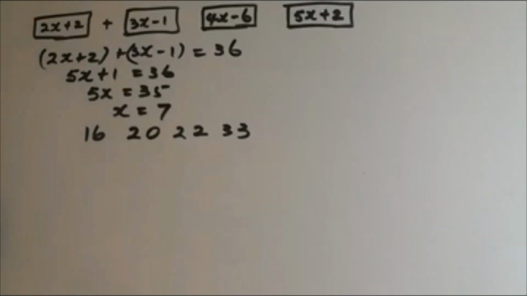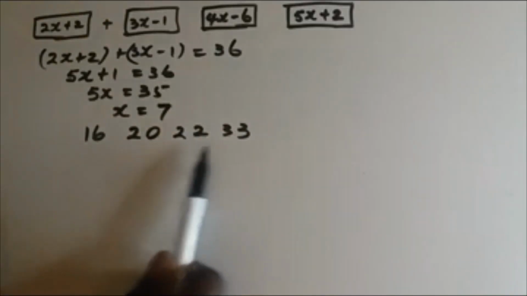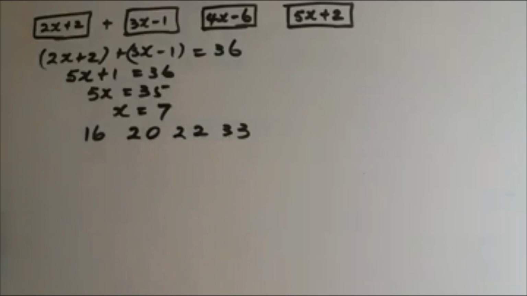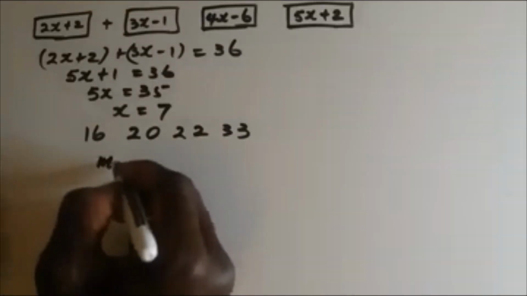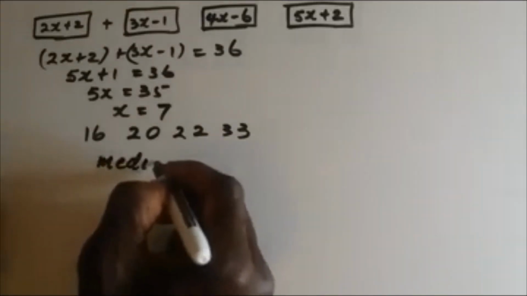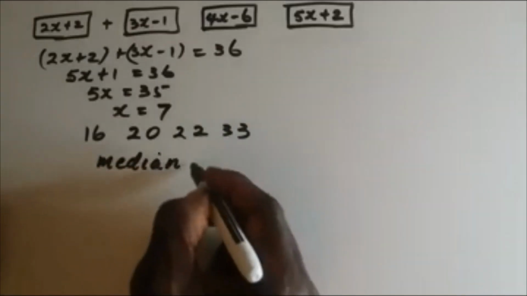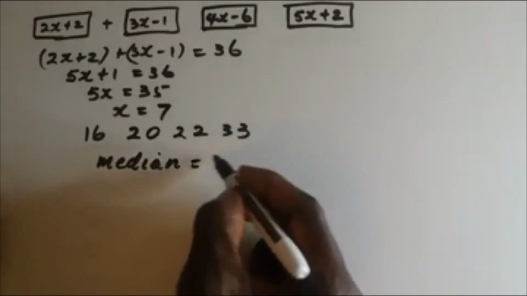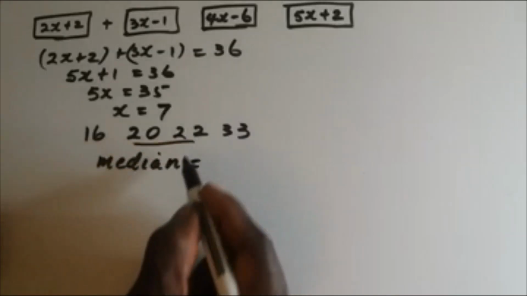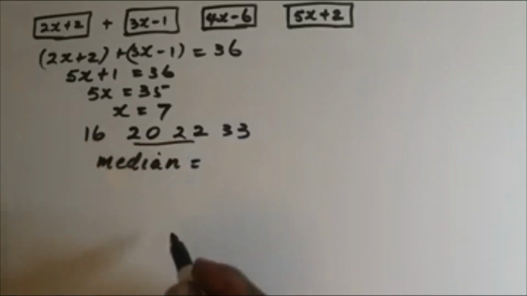Now the median is always the middle number, but we have an even number here of items or data. So the median, when it's an even number of items, is the sum of the middle 2 and divide by 2, which is the average of it.